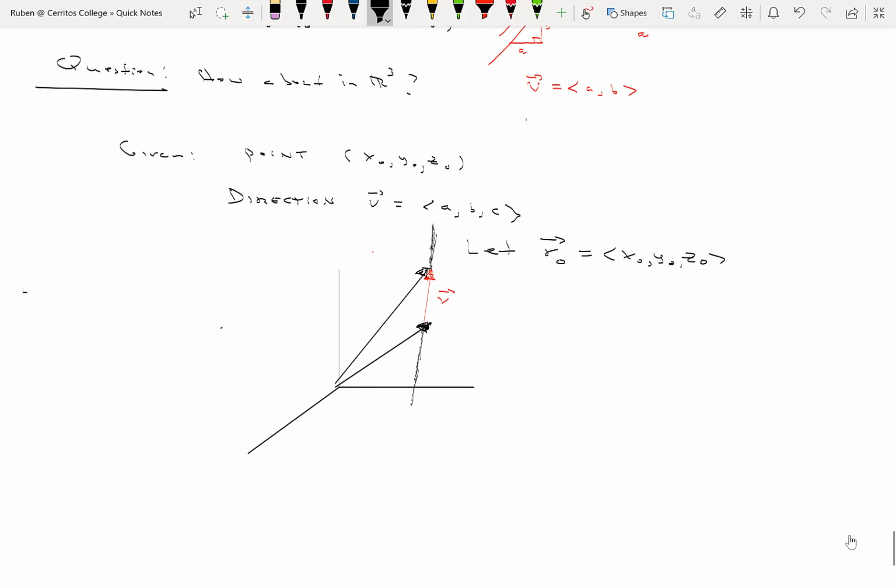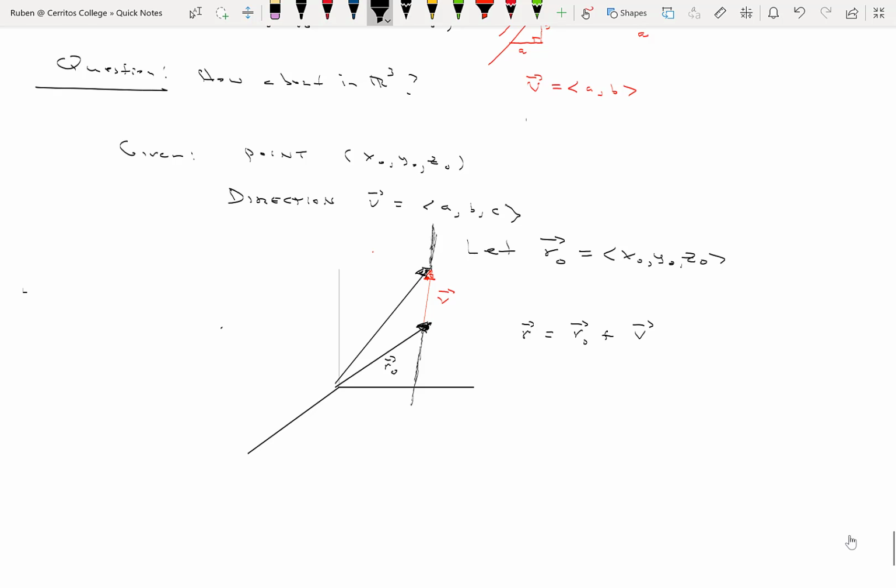Now, keep in mind that the initial position vector is r naught. So what is an expression for that vector that points from the origin to the tip of v? That vector is given by the sum of the two vectors, r naught plus v.